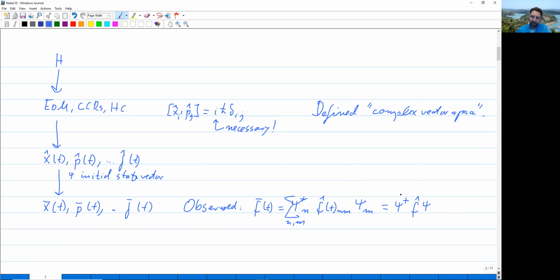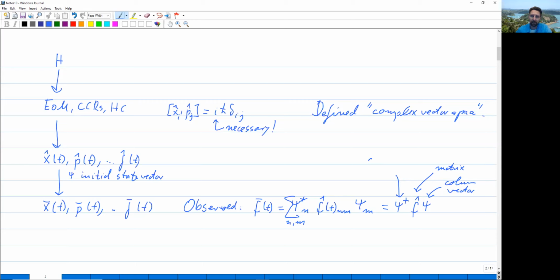Just to remind you of linear algebra notation, this is a column vector. And then that's, of course, a matrix, actually a matrix that's a function of time. And then what is this? This is a row vector whose coefficients are the complex conjugates of the coefficients of the psi.